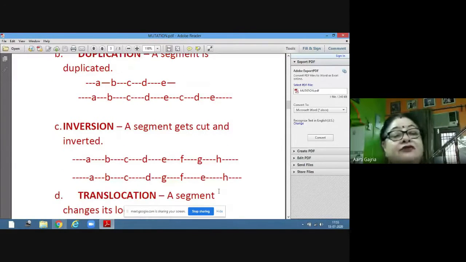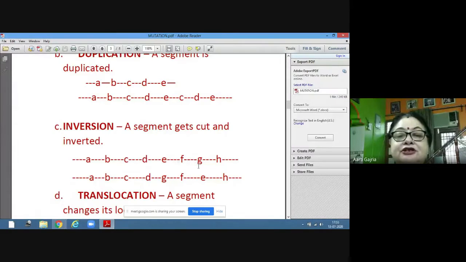Now, after inversion, what happens? E, F, G has been cut and inverted.